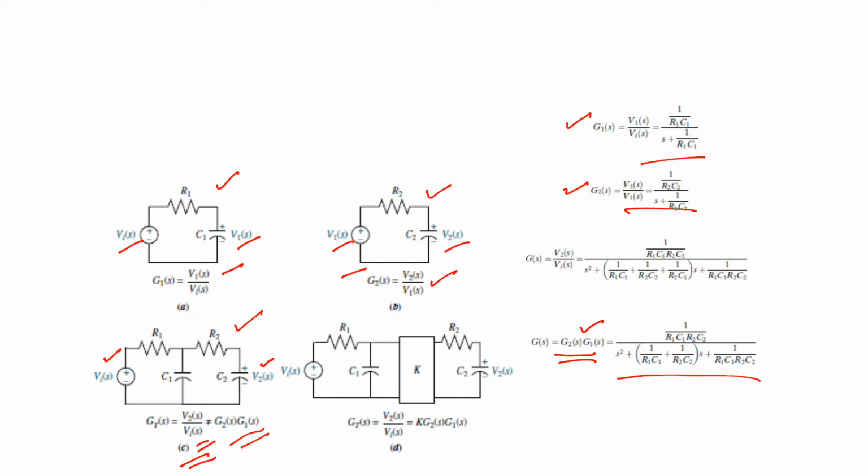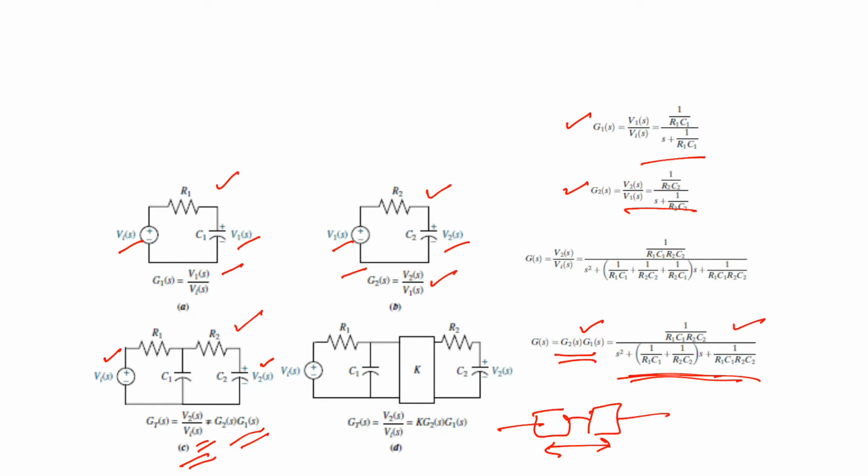This is the case when we have two transfer functions, and the total transfer function is the multiplication of these two, so we get this one.